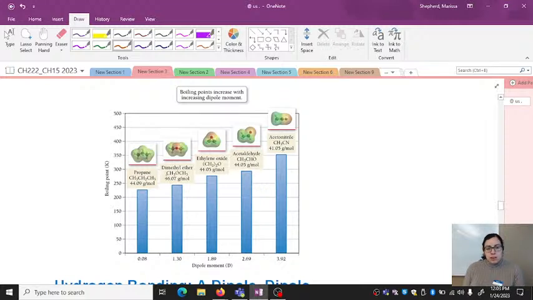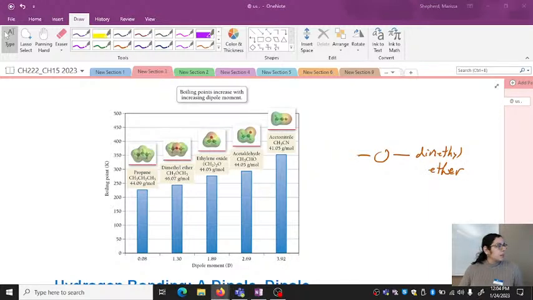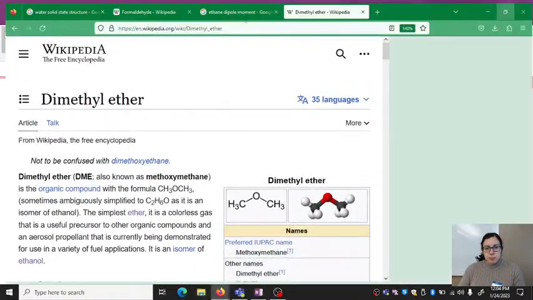And then the next one is dimethyl ether. So that's going to look something like this. What you'll notice is that ethers tend to not be as polar. You have an oxygen in the center. You can again look this up to help you.